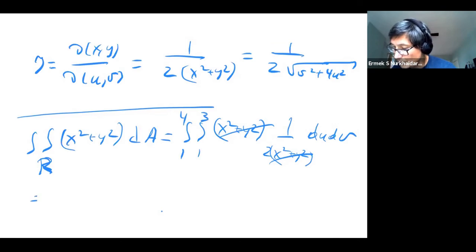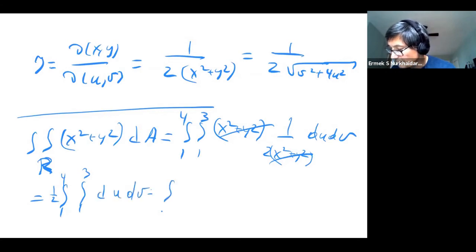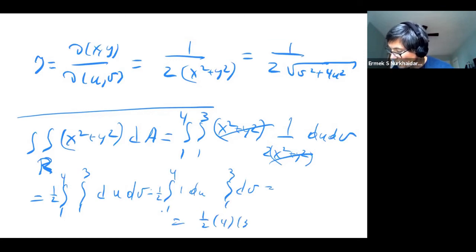So in this case, we get an easy integral, 1 to 4, 1 to 3, 1/2 du dv. Split it. So we're going to get 1/2 times 3 times 2. So we're going to get 3 as the final answer.